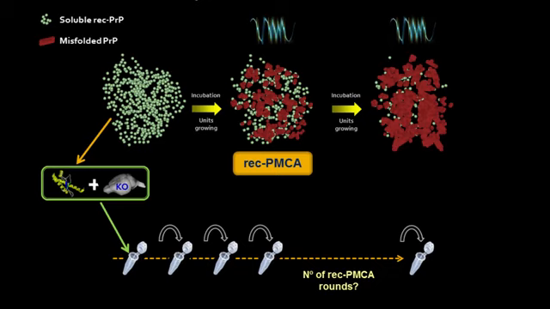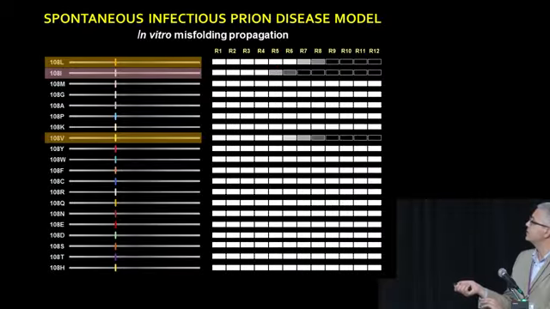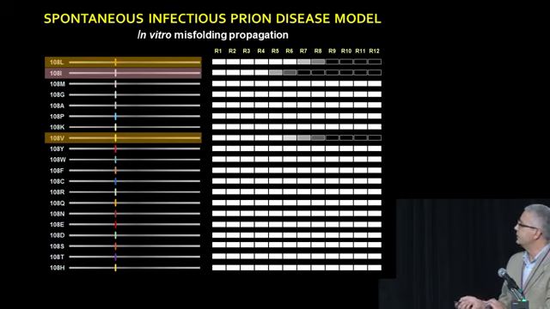So what we are basically evaluating in vitro is the number of rounds of PMCA that we need to observe the spontaneous misfolded recombinant PrP for the first time. And this is basically what we are going to show you here. These are the rounds of PMCA that we need to observe spontaneous misfolding for the first time in vitro.